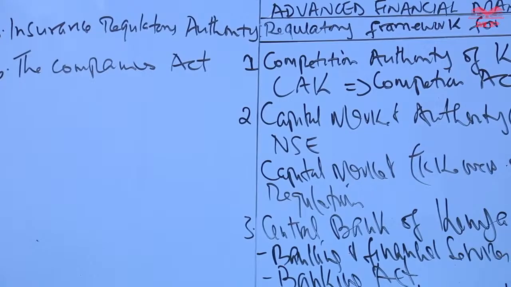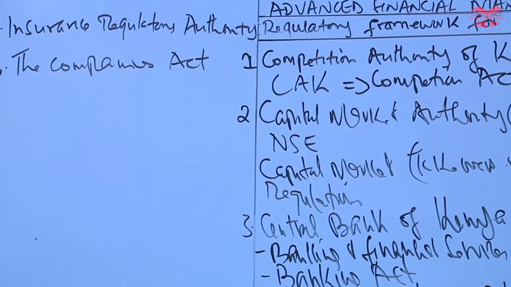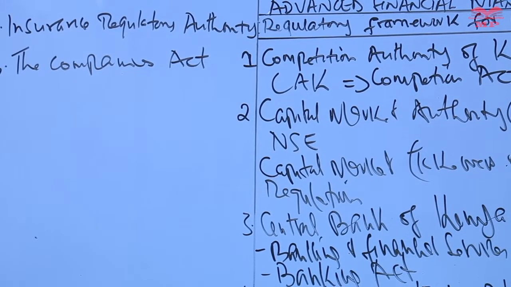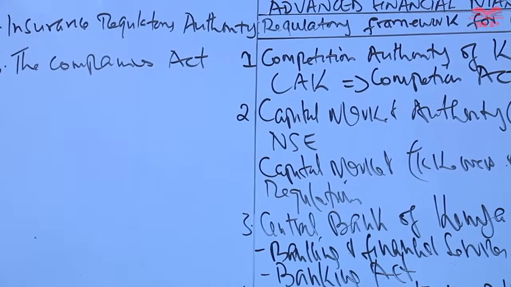We've said this is the principal body. The Competition Authority of Kenya is the primary regulatory body that is responsible for overseeing mergers and acquisitions.